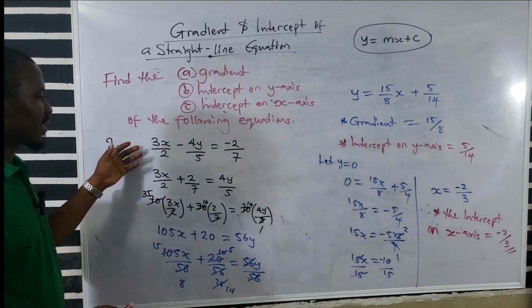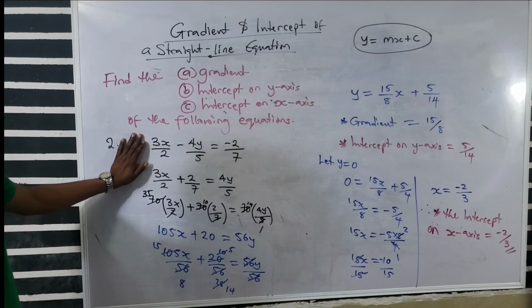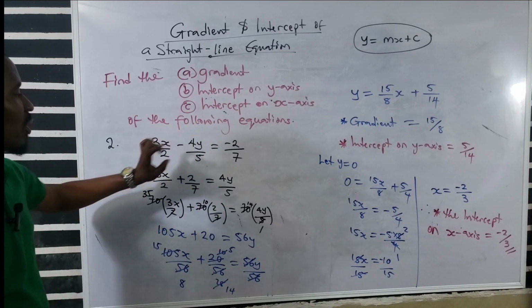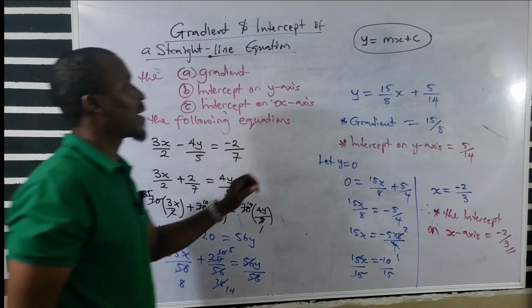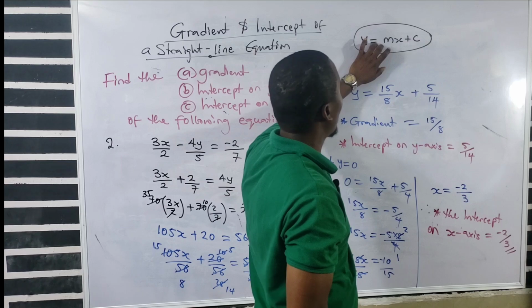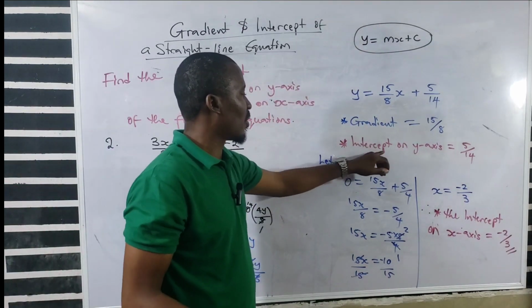You can see that though this is a little bit longer than the previous question, the concept remains the same. First of all, any equation given to you, so long as it's a straight line equation, make it look like this. When you make it to be in this form, you have gotten your gradient and your intercept.